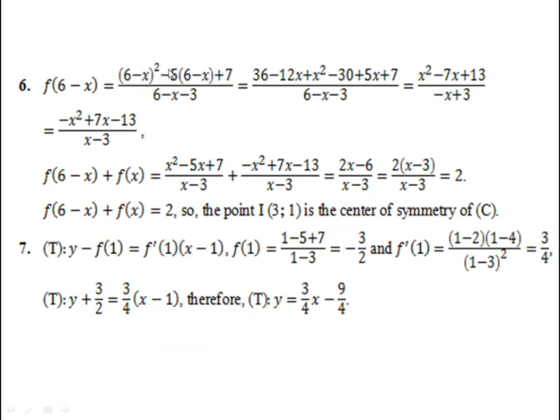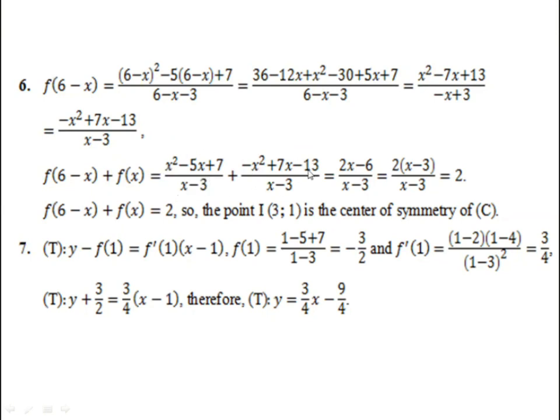Now after expanding this and then simplifying, we will get f(6 - x) equals x squared minus 7x plus 13 all over -x + 3. Here we can multiply by the negative sign above and below to get f(6 - x) equal to this expression. Now we will add up f(6 - x) plus f(x).